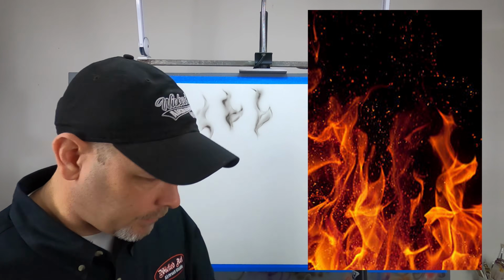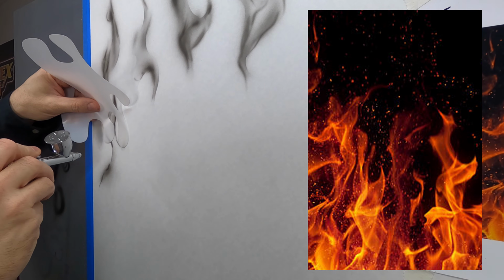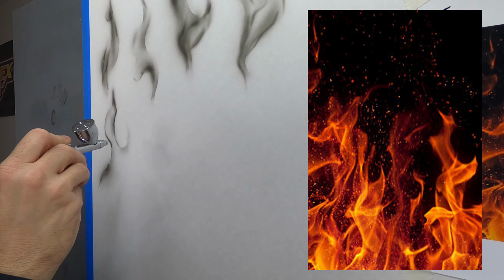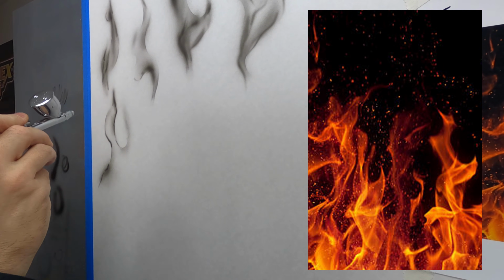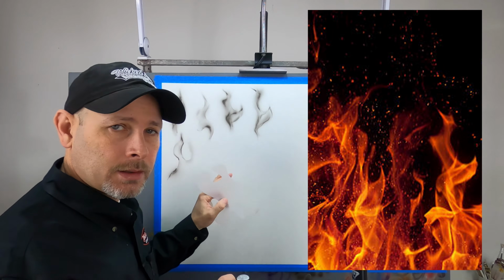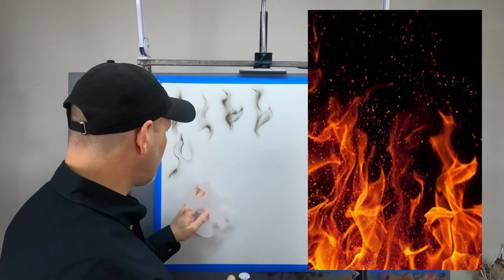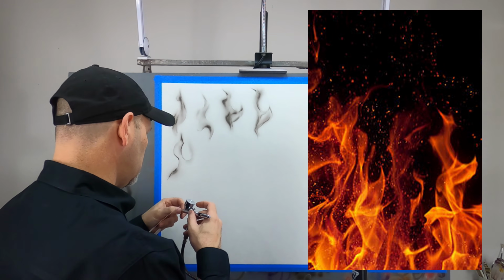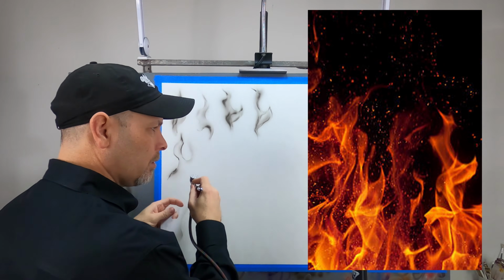Find a better shield for that. And that other side is very, very light. And that doesn't necessarily mean that you need to keep it very, very light when you're painting your fire. You can make this darker if you wish, or you can keep it lighter. Let the tip dry off the end of my needle.